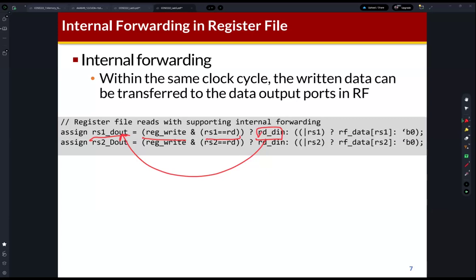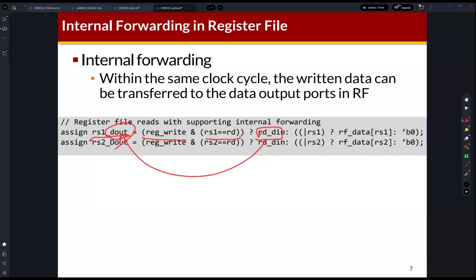So this is the internal forwarding. The register receives the RD signal, and this RD is equivalent to RS1 or RS2. Then the input is the updated value, so this value is forwarded to the output port. This is the internal forwarding.